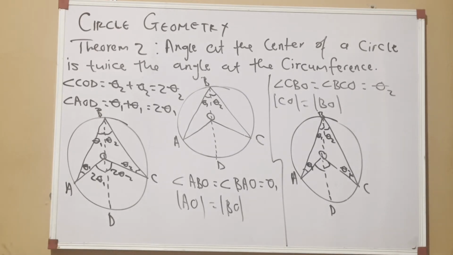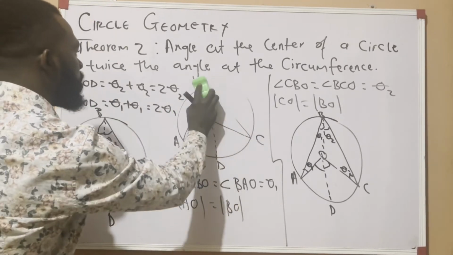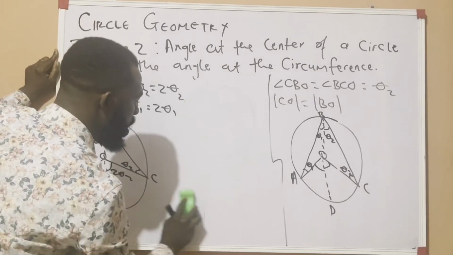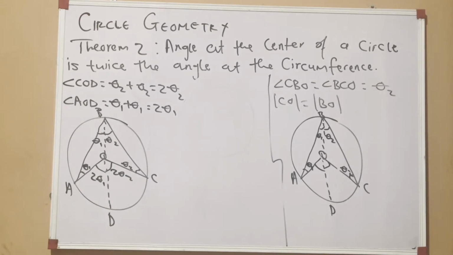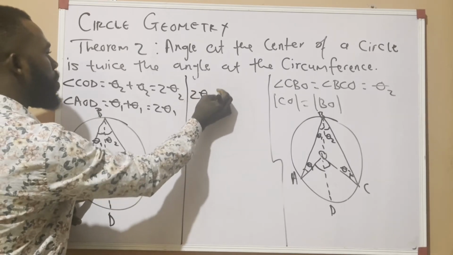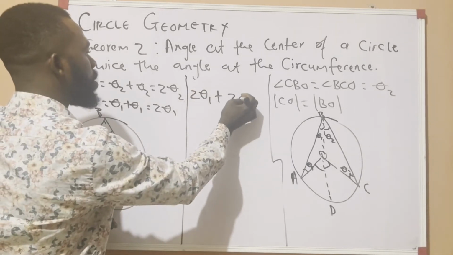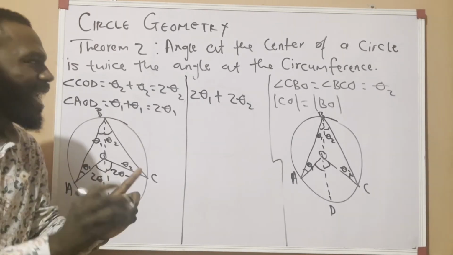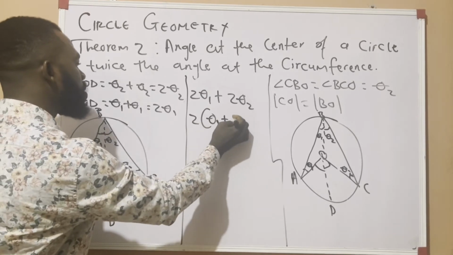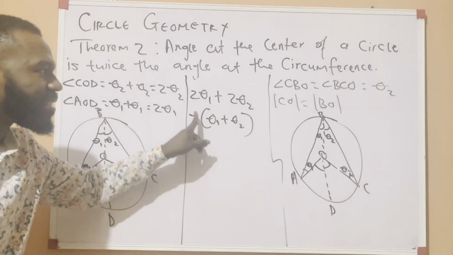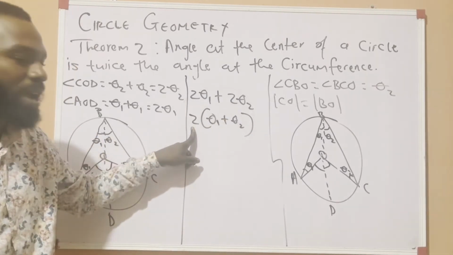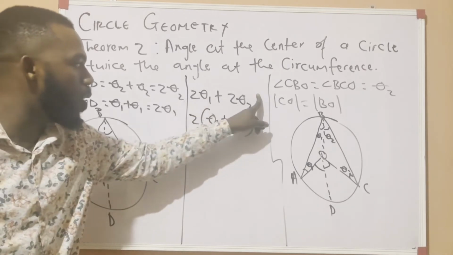Now, if we add the angles at the center, which is 2 theta 1 plus 2 theta 2, we are going to get 2 into the bracket of theta 1 plus theta 2. And how did I get this? I factorized 2 theta 1 and 2 theta 2. What do they have in common? They have 2 in common, so that's why I factorized out 2. And then I'm left with theta 1 plus theta 2.